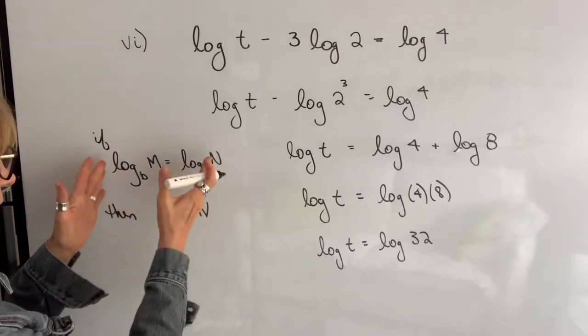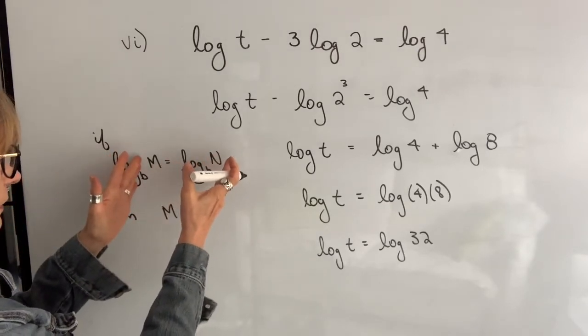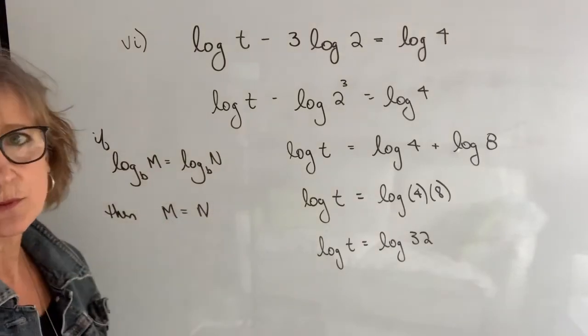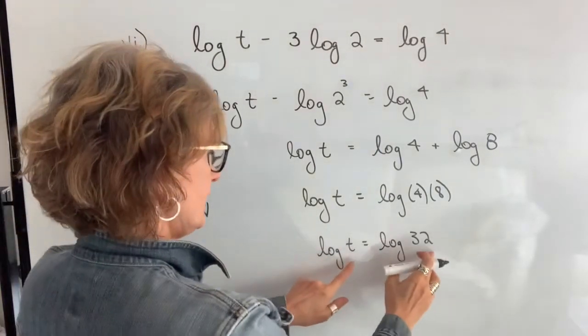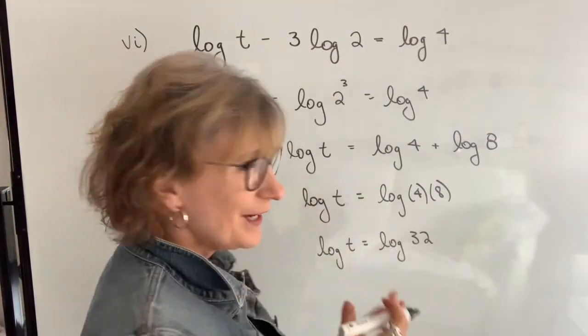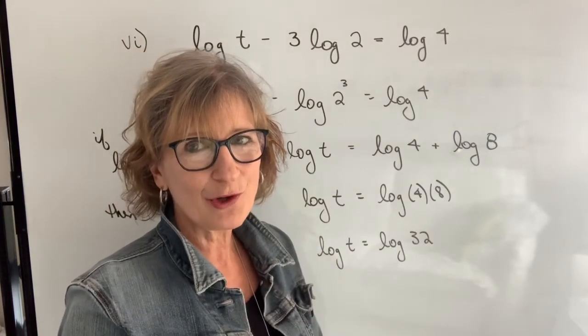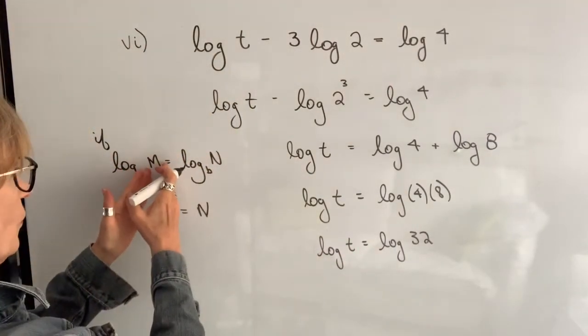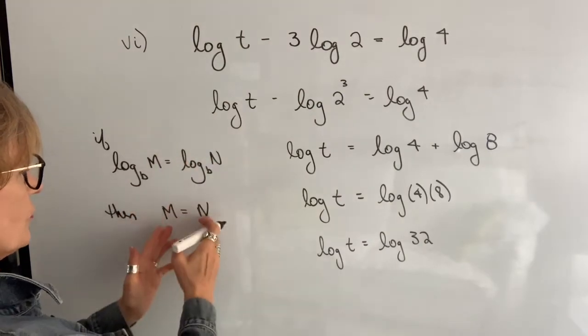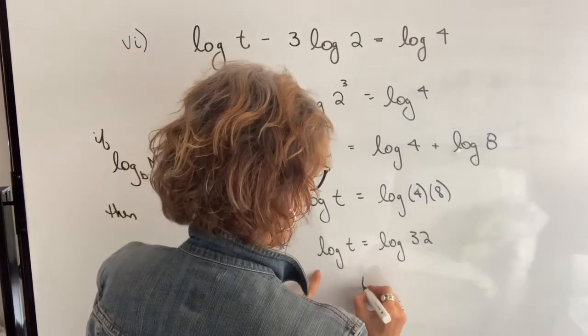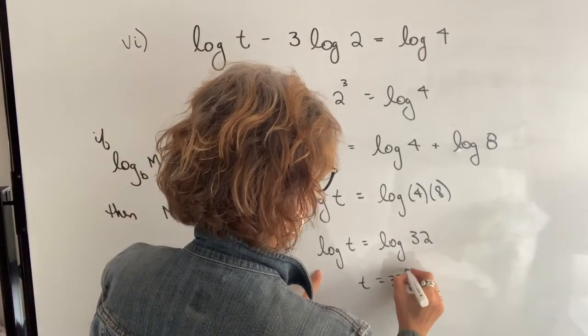The only way that the log of two quantities can equal each other is if the quantities are equal to each other. So in this case, and I'm not dividing by log, don't think that I'm dividing by log. I'm just saying that if the log of one quantity equals the log of another quantity, those two quantities are equal. So therefore, t is equal to 32.